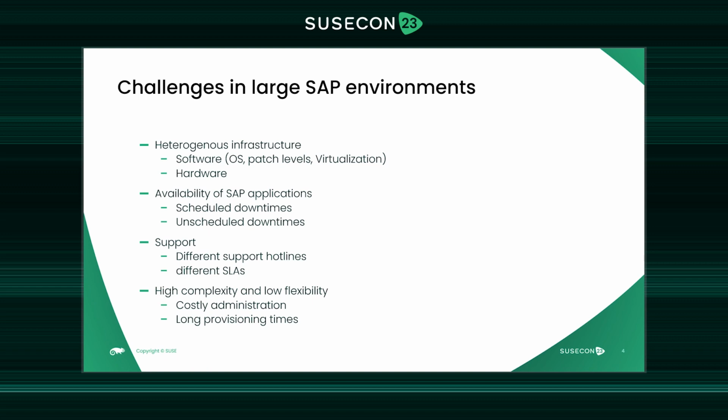Secondly, availability of SAP applications. That's probably the most important one, because SAP applications are at the core of the enterprise, usually with ERP and CRM systems being really important. And the things that IT admins have to cope with are scheduled downtimes. They are necessary.